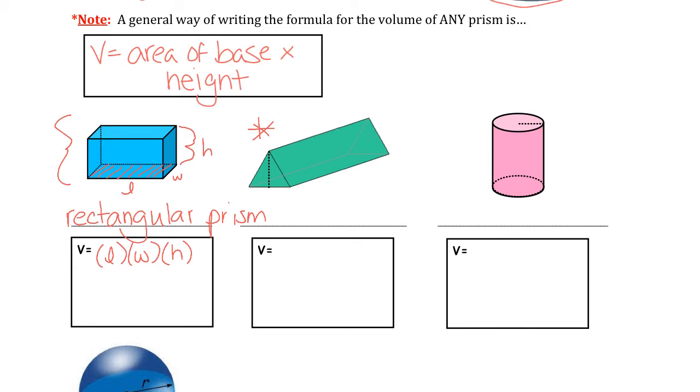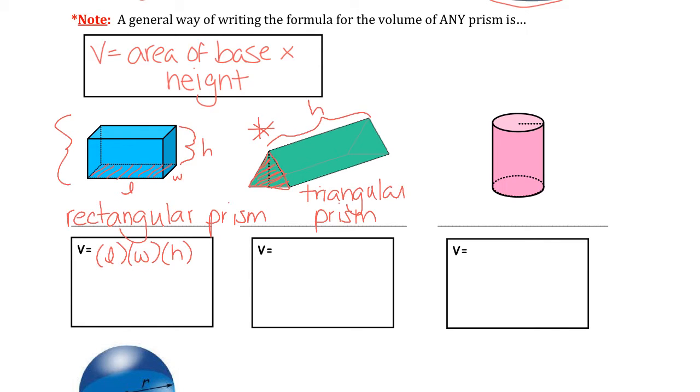The next one we have here is our triangular prism, and our base is a triangle. We think about this as our base here, and then we fill it up by multiplying by our height. So we find the area of our base and then multiply it by height.